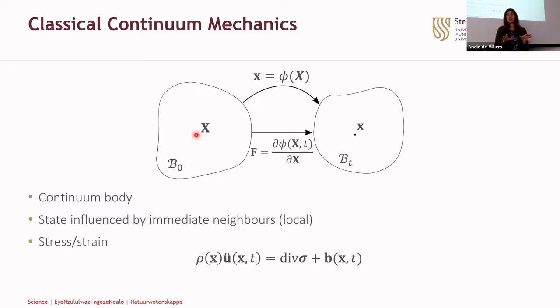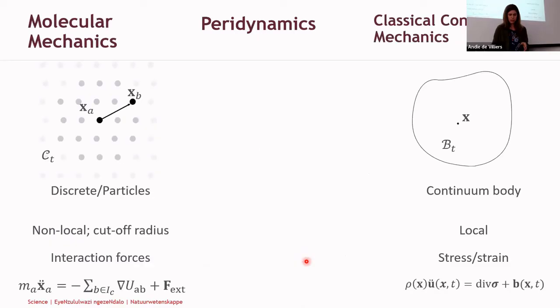So it's a local theory. And you can see from this conservation of momentum equation that there's the divergence of the stress. The stress is again related through a suitable material model to the strain, and the strain is a function of the gradient of displacement. And it's these gradients that are difficult to evaluate when discontinuities are present.